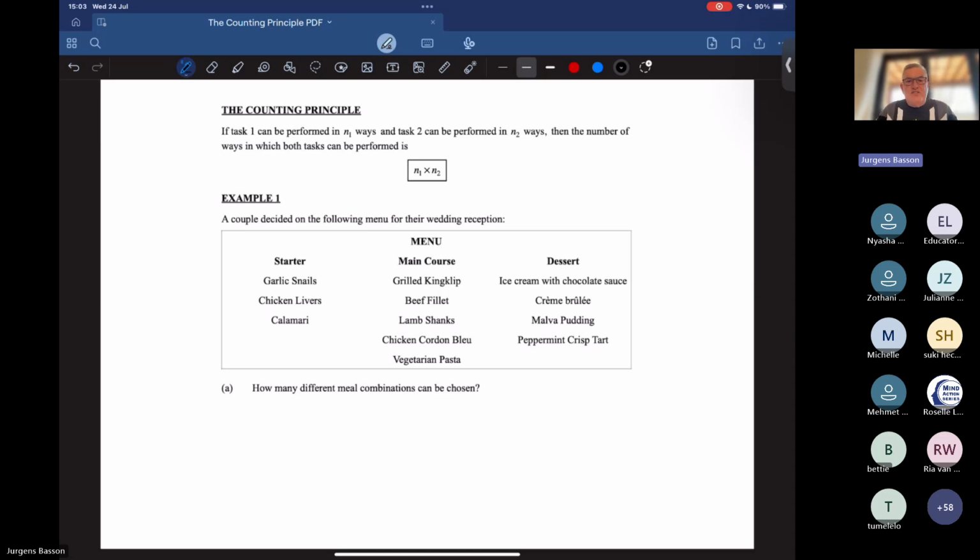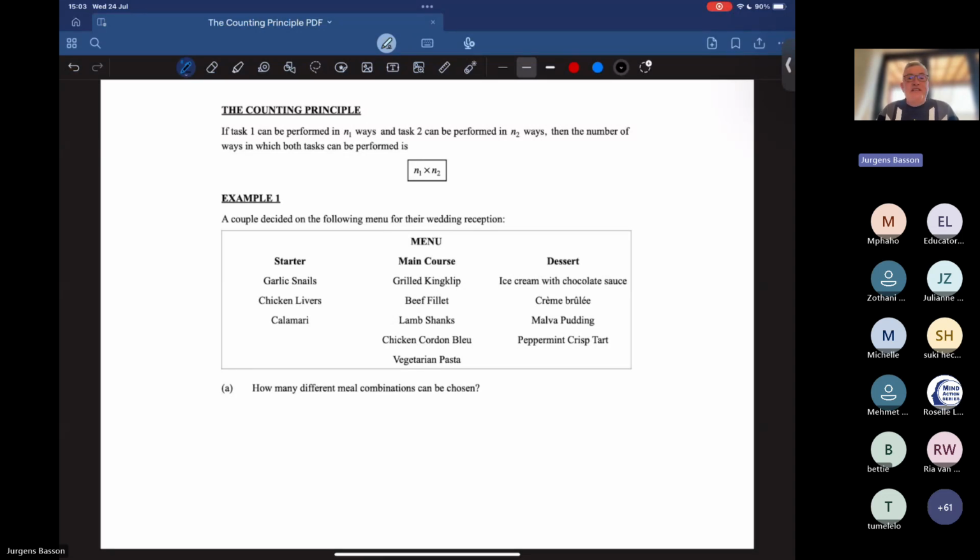So what I want to suggest is that you first discuss with them certain principles that they must keep in mind when they start a counting principle question. I'm going to illustrate these principles by discussing examples, but these examples are fairly easy because it's about seeing what these principles are all about. But we will get to the more exciting ones as well. So we're not only going to stick to easy ones.